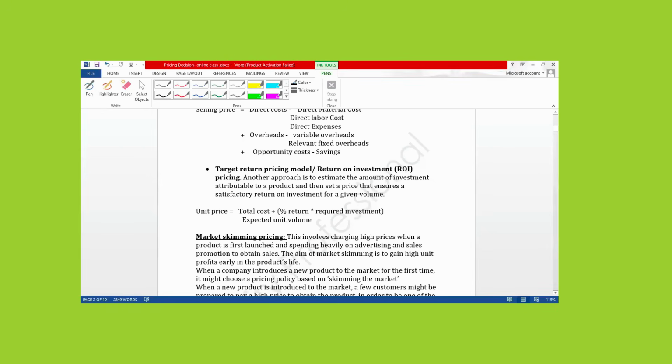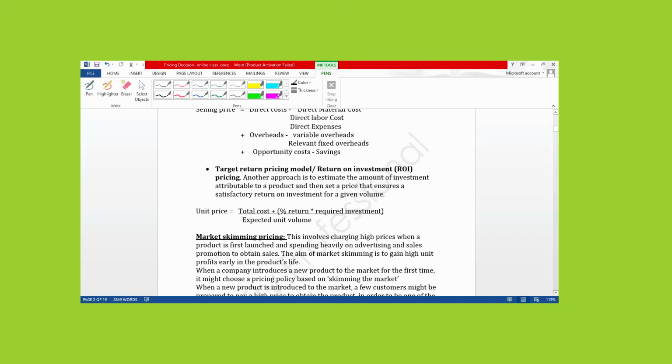when a company is planning to launch a new product for the first time, the company must decide on the appropriate pricing strategy to use for the new product.